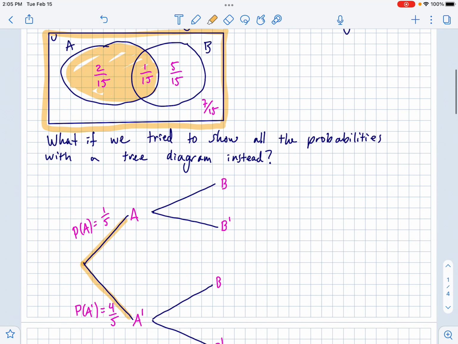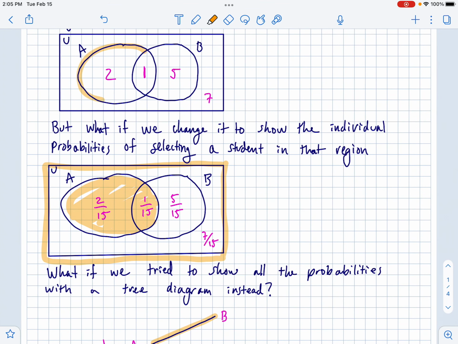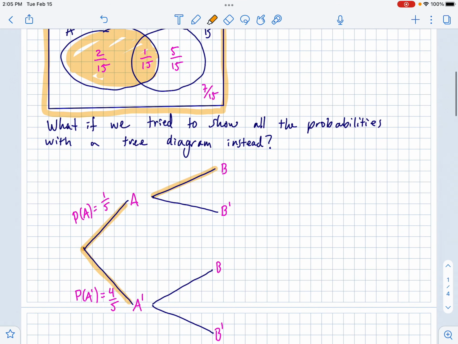This is kind of an interesting situation. This branch right here, you know that they take art, but we need to figure out the probability that they also take bio. So if we know that they take art, there's really only 3 people taking art, and 1 of them is taking bio. So that's going to be 1 out of the 3. So the probability of B given A is equal to 1 out of 3.